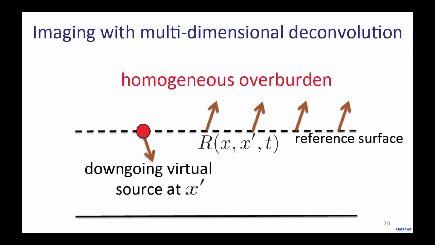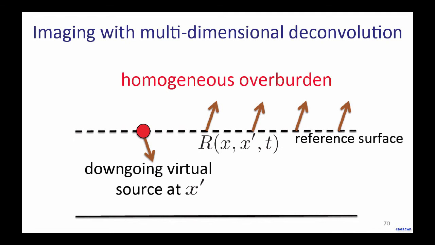And the beauty is you get that reflectivity response for a medium that is homogeneous above your reference surface. This is what John Claerbout started talking about when he introduced deconvolution. We really are doing that, but we're doing it in more than one dimension. John Claerbout introduced the concept, I think it was in the 1960s, for a one-dimensional medium, but you can generalize that for multidimensional media too.